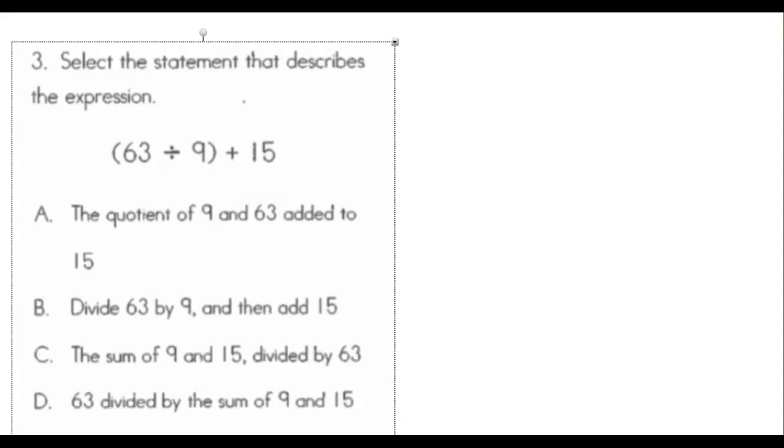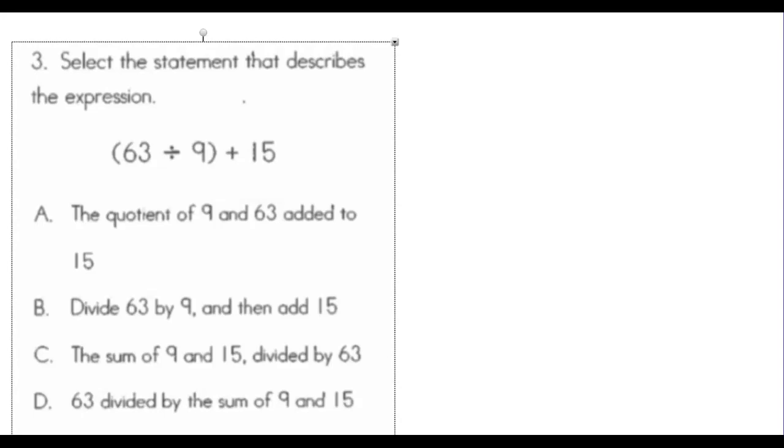All right, so on number 3, select the statement that describes the expression. Here we have 63 divided by 9 plus 15. So A says the quotient of 9 and 63 added to 15.